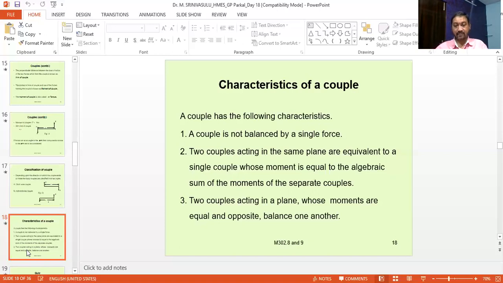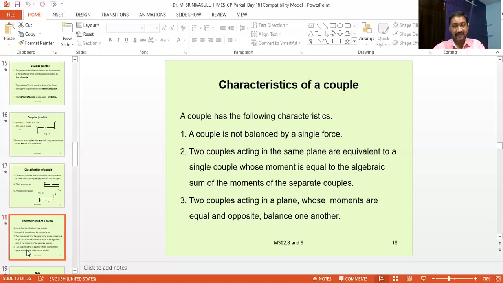Next, a third point: two couples acting in a plane whose moments are equal and opposite balance one another. That means when one couple is acting in a plane in one direction, say clockwise, and the other couple is acting in the other direction, that is anti-clockwise, if the magnitude is the same, then the effect produced by one couple is balanced by the effect of the other couple.